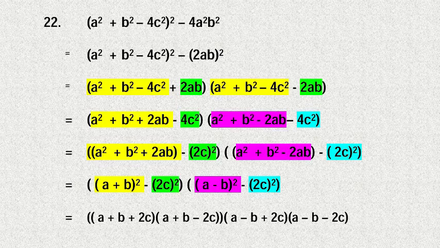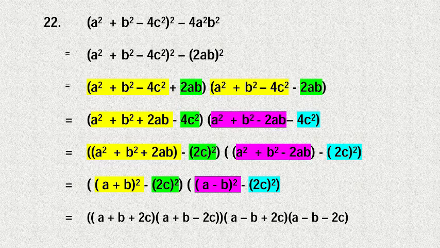But the problem is not over, because the result we have obtained needs to be represented in a simplified manner. When we observe the first group, that is the a + b group, it can be rewritten as a² + b² + 2ab − 4c². Only the terms are rearranged. On the other side also, a² + b² − 2ab − 4c².